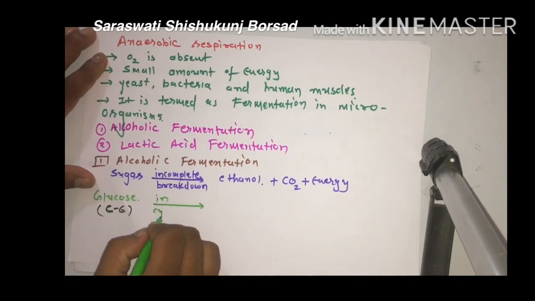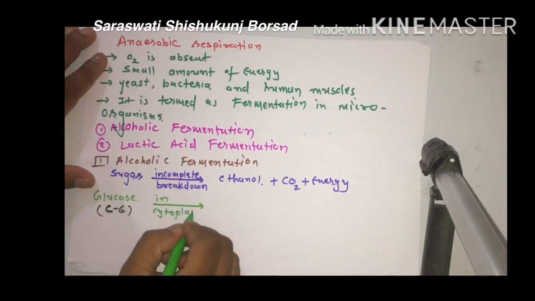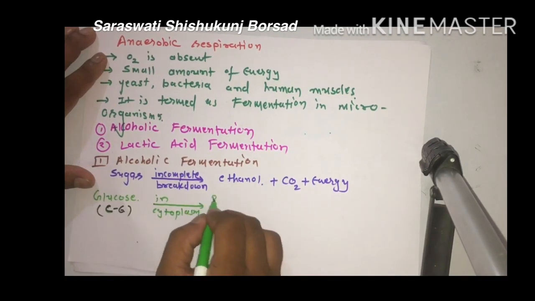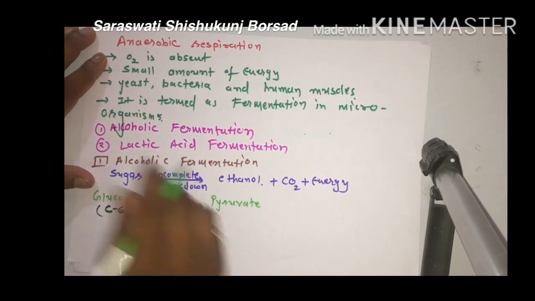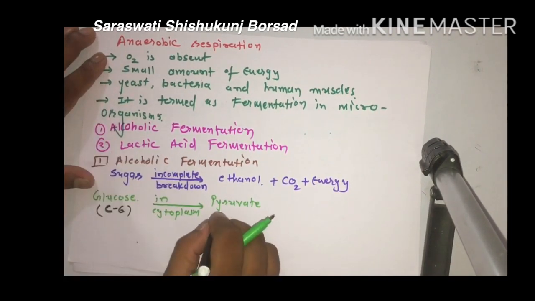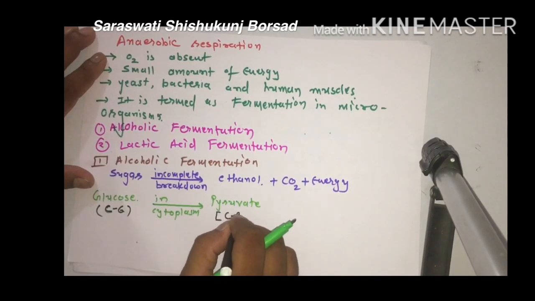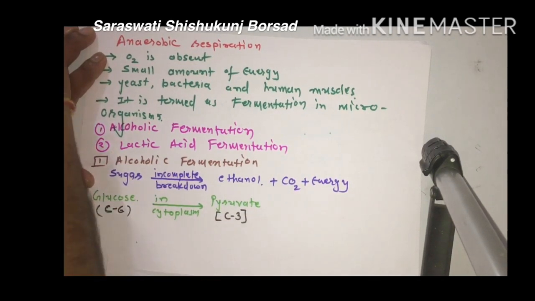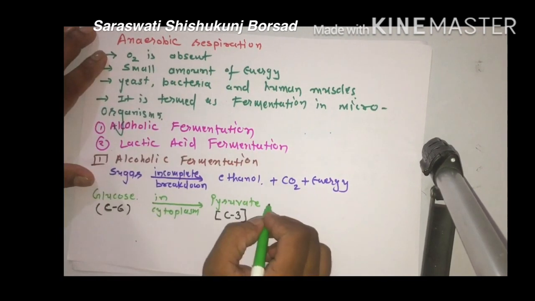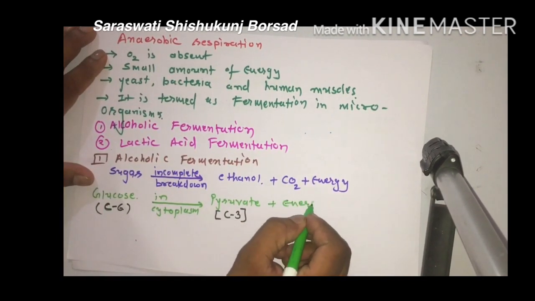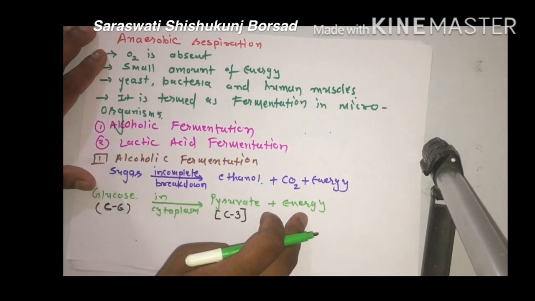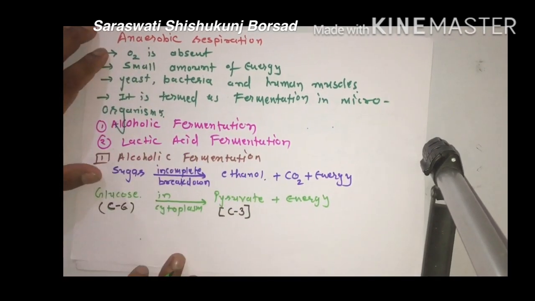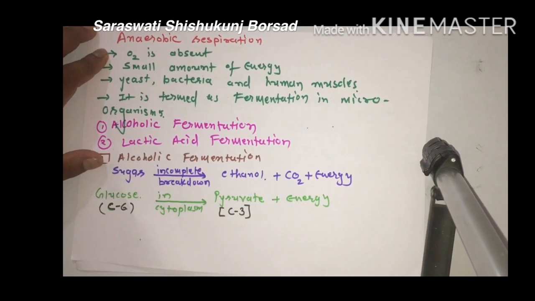In the cytoplasm it will convert it into pyruvate. Again, pyruvate is a C3, 3 carbon containing molecule, plus energy will be released. Now in aerobic respiration it was done in the presence of oxygen.